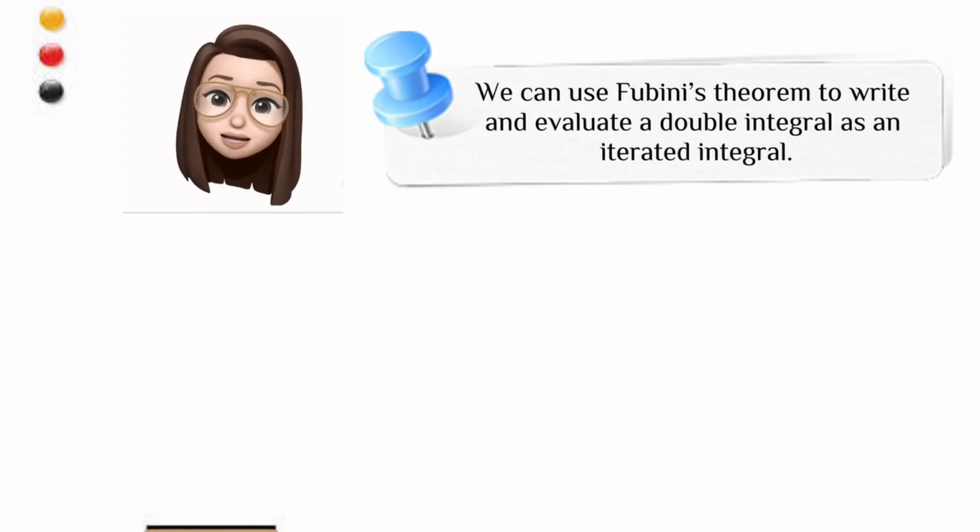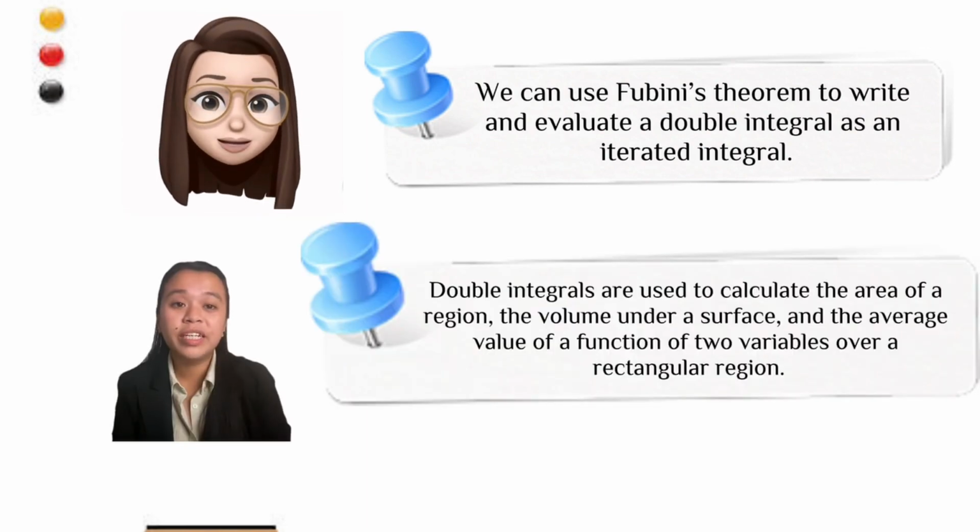We can use Fubini's theorem to write and evaluate a double integral as an iterated integral. Double integrals are used to calculate the area of a region, the volume under a surface, and the average value of a function of two variables over a rectangular region.